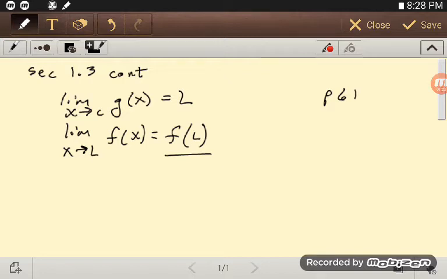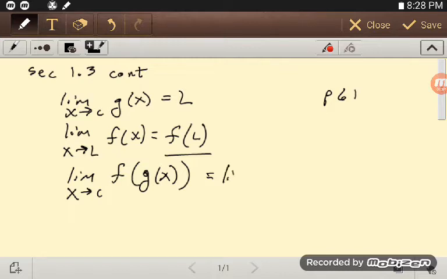So what we'll have then is, if we take the composition in this order, the limit as x goes to c of f of g of x, what that is, is the limit as x goes to L of f of L, but of course that's now a constant, so you just get f of L. Okay, so composition works as long as those limits exist and the function exists.